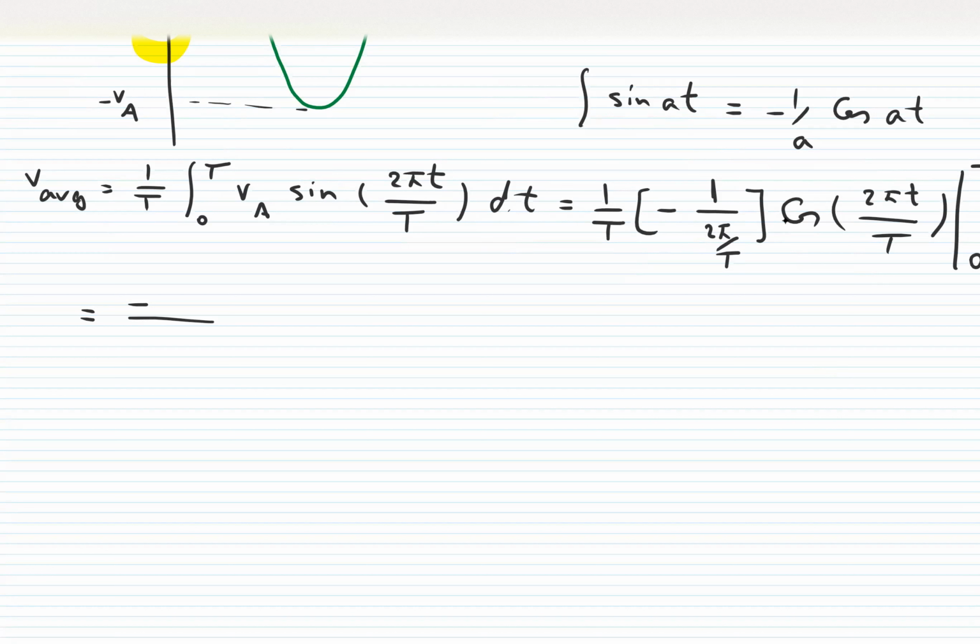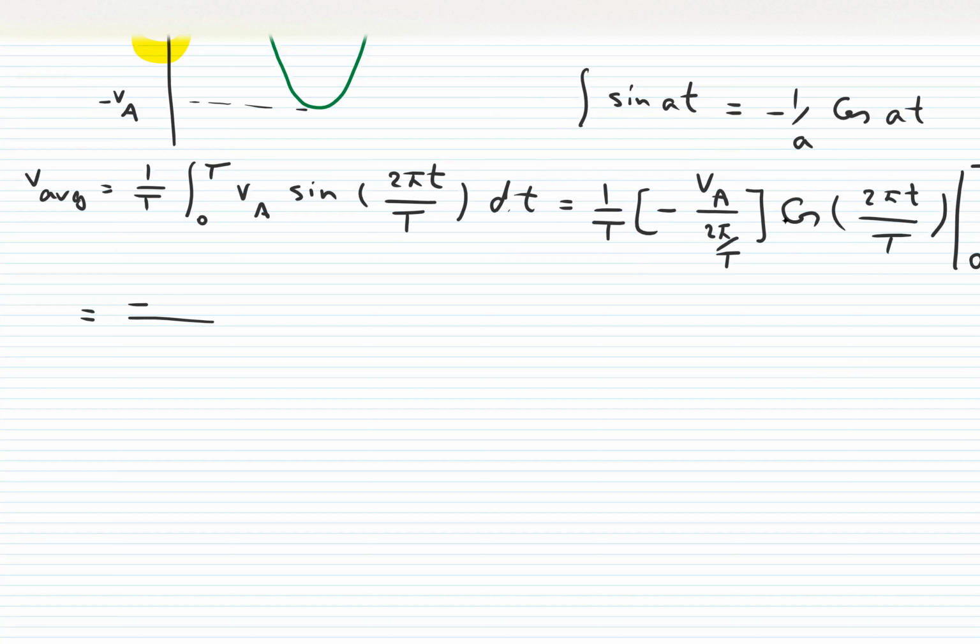Of course, we need to have a VA here, because the amplitude of the signal is VA. So capital VA over 2 pi over T.